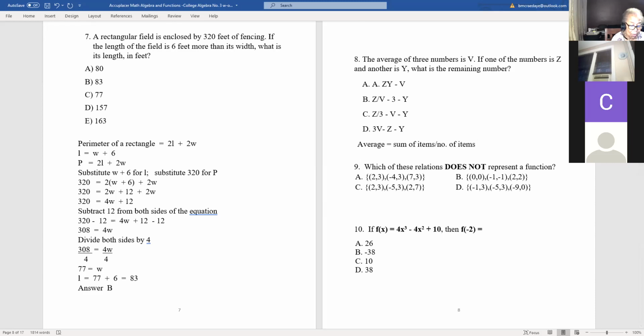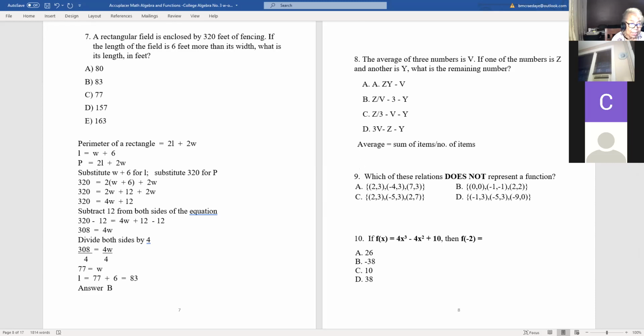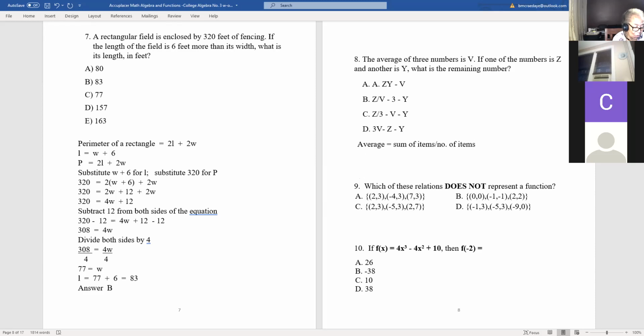Okay, so let's just take, if I gave you 3, 5, and 8. What would average be equal to? What would be the sum of the items?